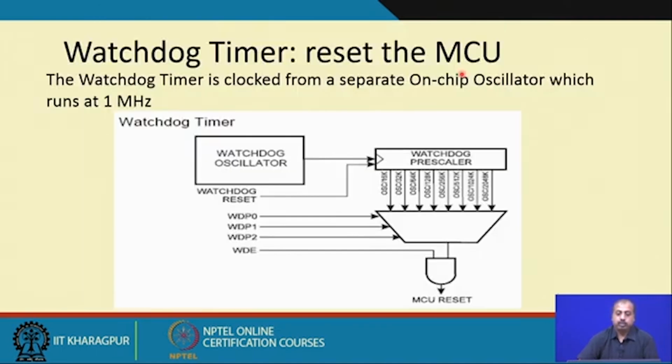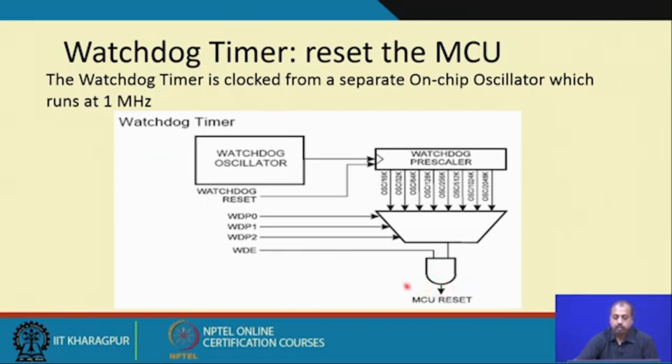Then we have the watchdog timer. It will be clocked from a separate on chip oscillator running at 1 megahertz. We know that if any of these events occur, then it will send this MCU reset. Okay. So, when the watchdog timer overflows, it will come to this reset, this output will be 1.